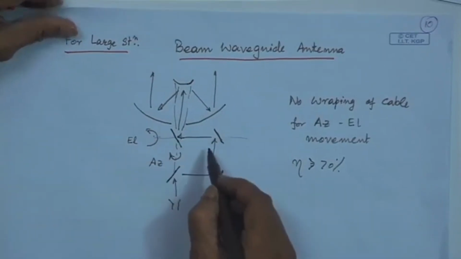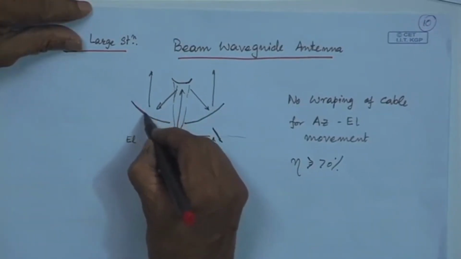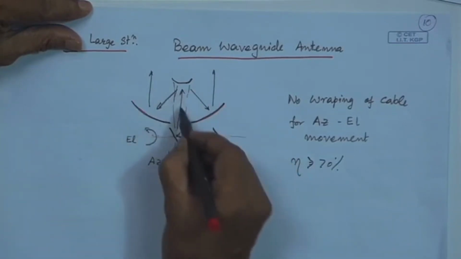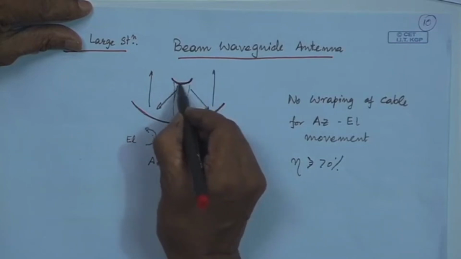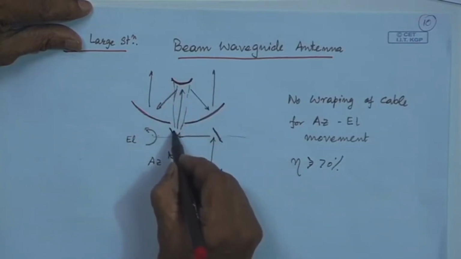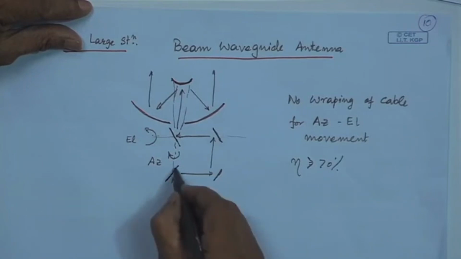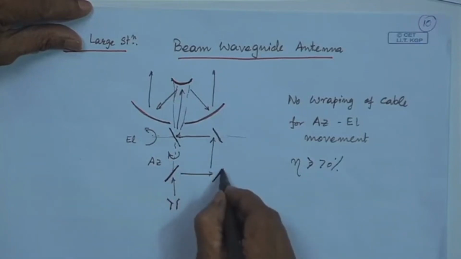I am trying to sketch it. This is the parabolic reflector, and this is the secondary hyperbolic reflector, and my feed horn is here, and there are small flat reflectors.